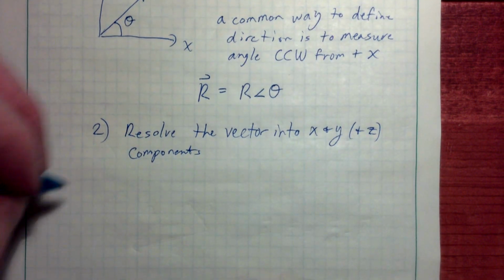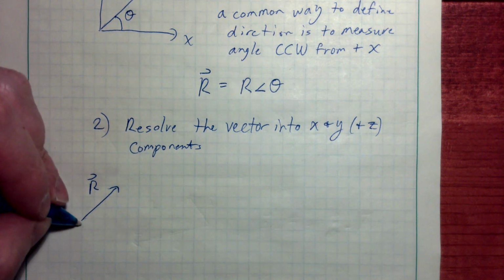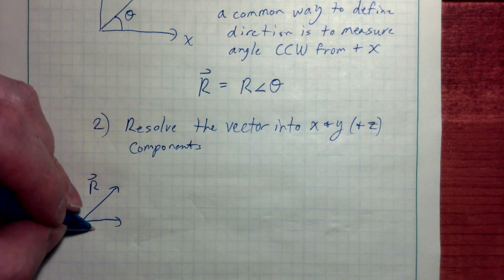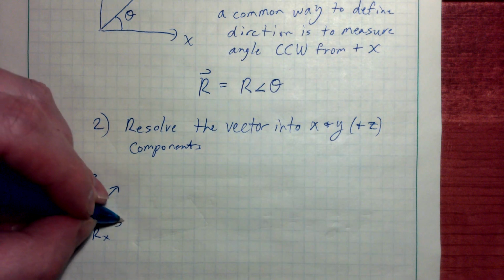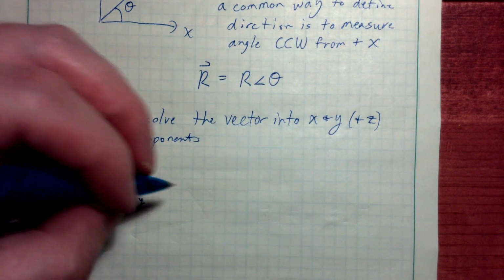And then what you can do is, as we have drawn earlier, where you draw your r vector, your force vector, whatever it might be, and you can say, well, that is the sum of its x and its y components.